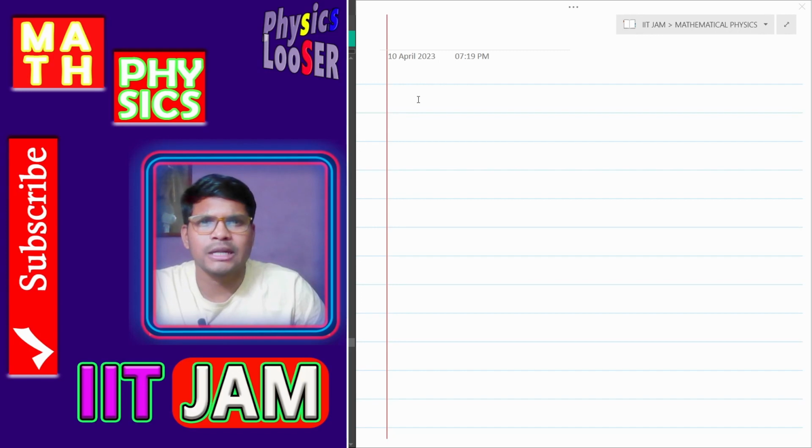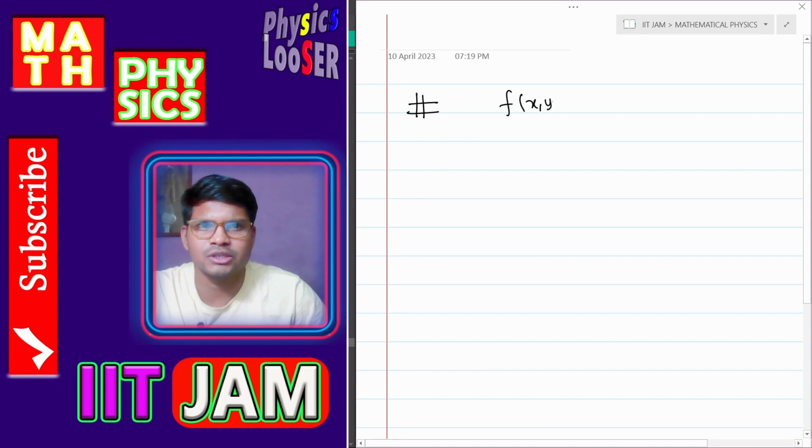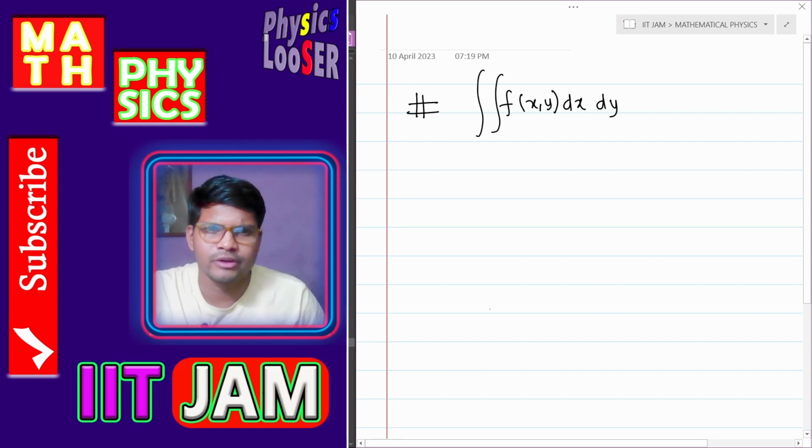When we are doing the multiple integrals, the main concept is that you have some function which depends on x and y, and we are trying to find this integral in both the x and y domain. Therefore, we have to use not one integral, but two integrals. In my previous videos, I have already shown how to find the limits.